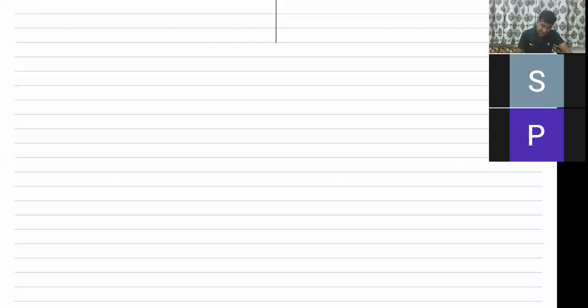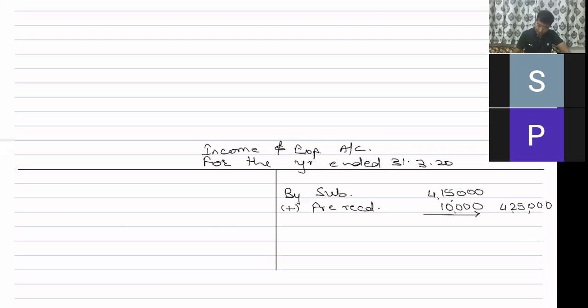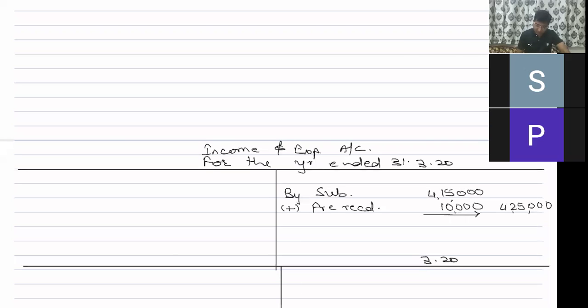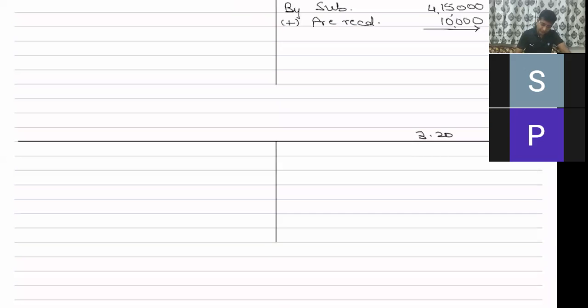Whereas in my balance sheet as on 31st March 20, I'll have only one item onto the liability side as pre-received subscription for 2020-21, that is 12,000.